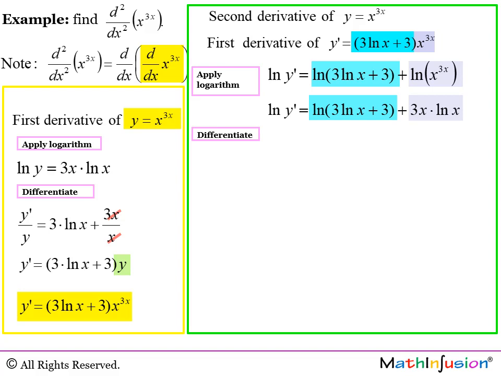Pay attention. What is the derivative of ln of y prime? You do a fraction line. Under the fraction line, you have the function y prime. Above the fraction line, you have the derivative of y prime, which is the second derivative of y, or y double prime. On the right side of this equation, you just apply regular derivative. And you already know how to differentiate ln of a function. And then for the part of the 3x times ln of x, we have to apply the product rule.